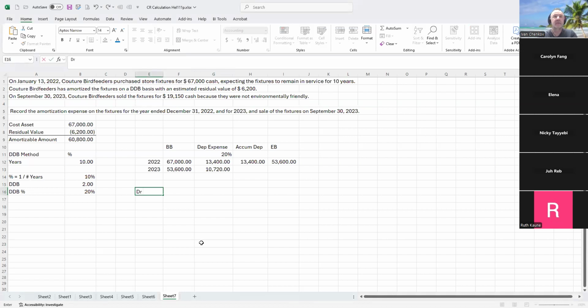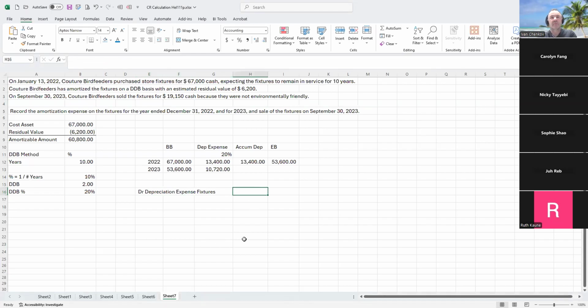Debit amortization expense, fixtures, for the amount of 13,400. Okay. Credit accumulated depreciation, fixtures, for the same amount. That will be the same amount, correct?